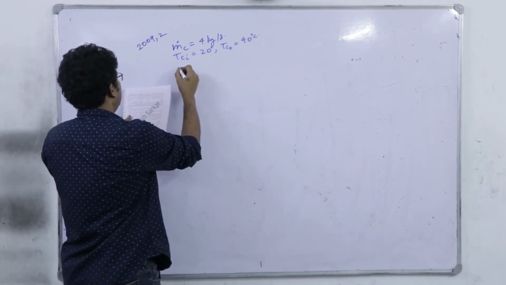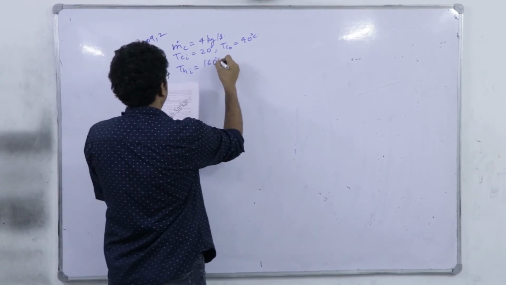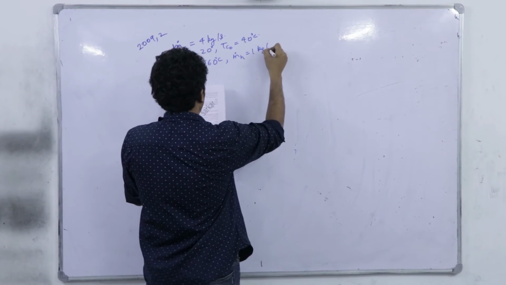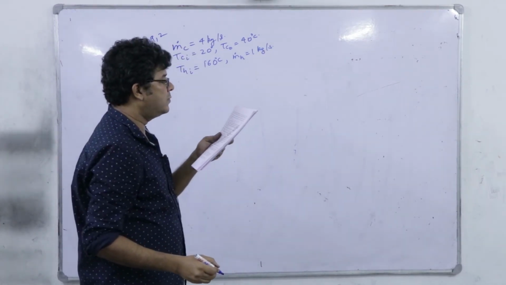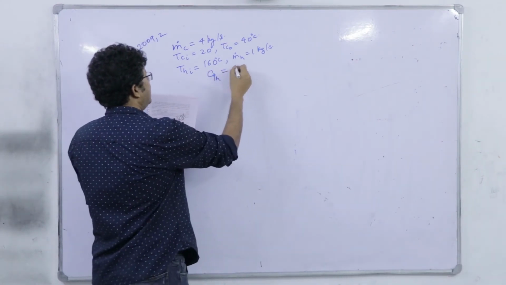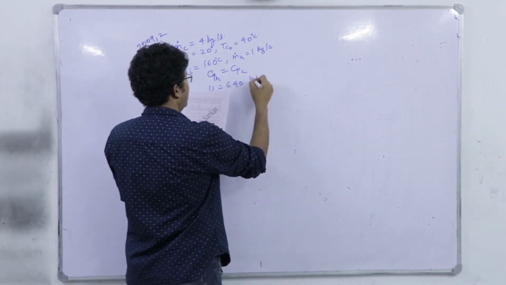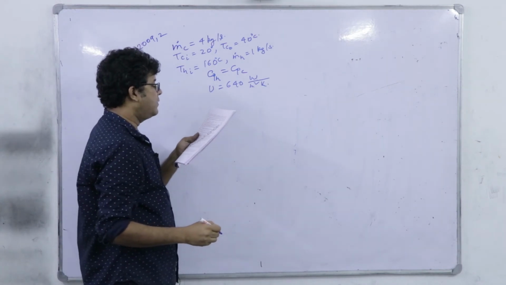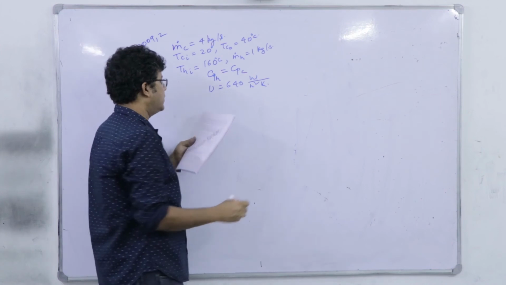Using a hot stream, inlet temperature of the hot fluid 160 degree and flow rate m dot h 1 kg per second. Two streams have got equal specific heat, that is Cph equal to Cpc, U is equal to 640 watt per meter square Kelvin. Then the ratio of the heat transfer area required for co-current to that of counter current.